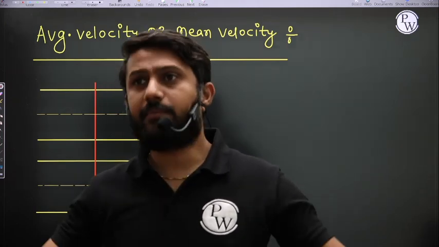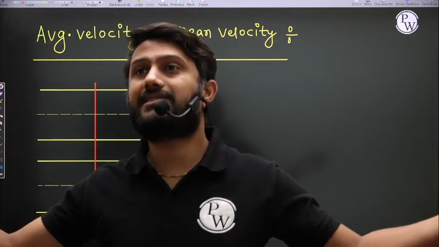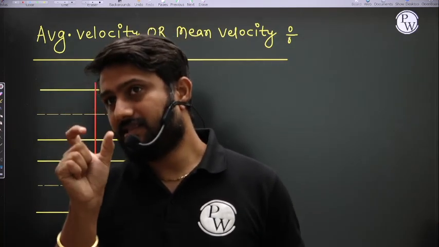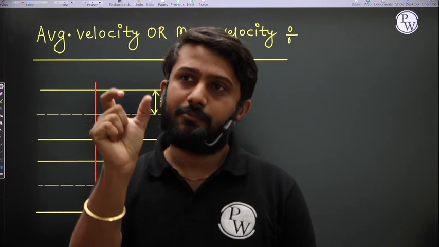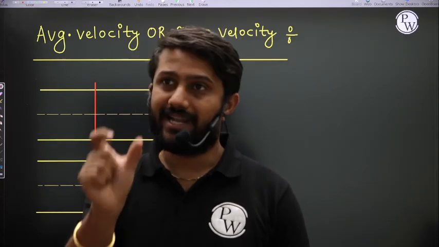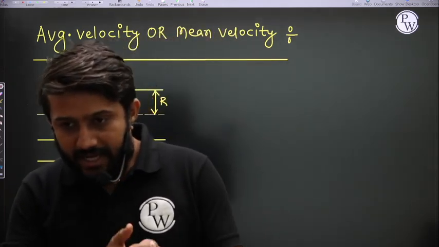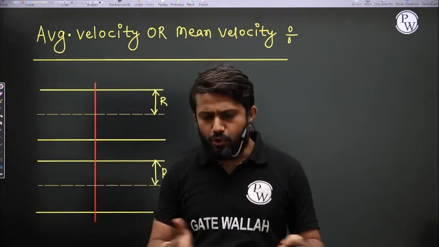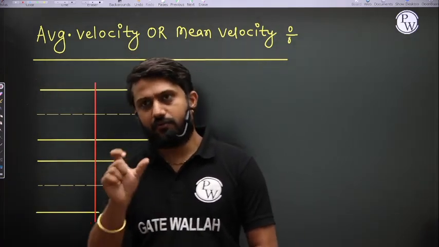So the pipe is 5,000 centimeter, and this developing region is 5 or 10 centimeter. So in most of the span of the pipe, the flow is fully developed.